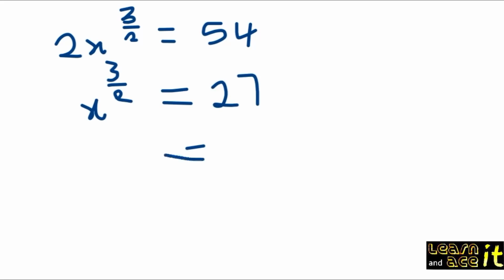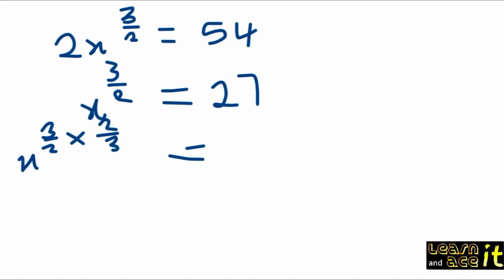And then from here we can multiply the exponent with its reciprocal, so it will be x to the power of 3 divided by 2. Alright, so it will be 3 divided by 2 multiplied by 2 over 3.